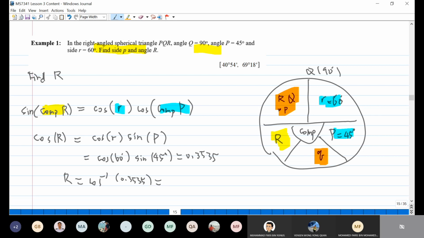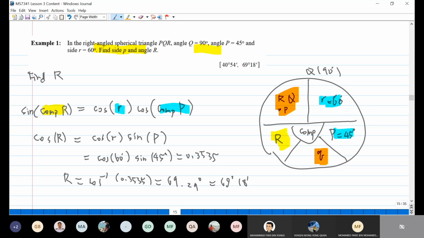Shift cosine inverse of the answer gives 69.29, which converted to degrees and minutes is 69 degrees and 18 minutes.